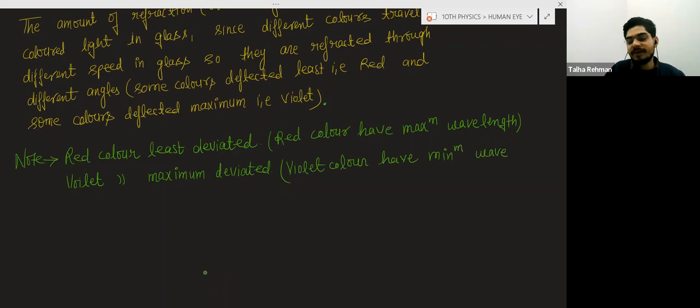Minimum wavelength means low speed, and low speed means more refraction. So try to relate all the things.